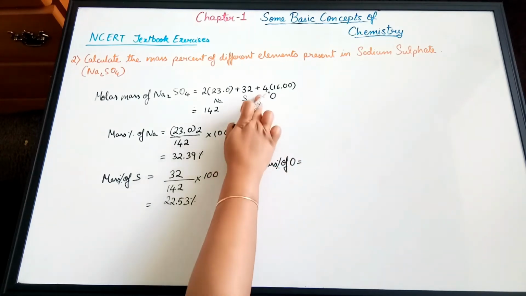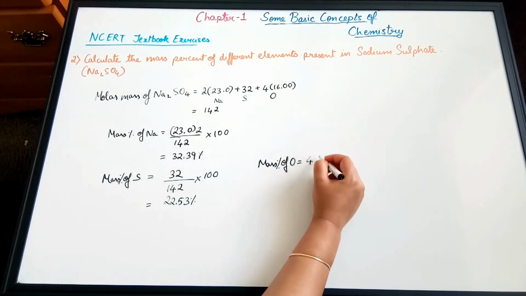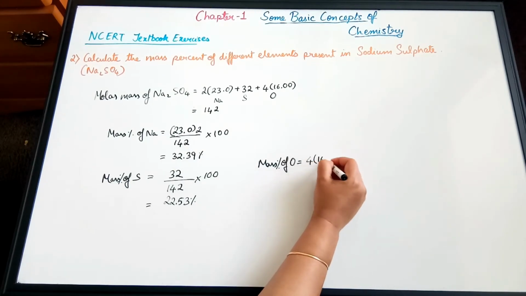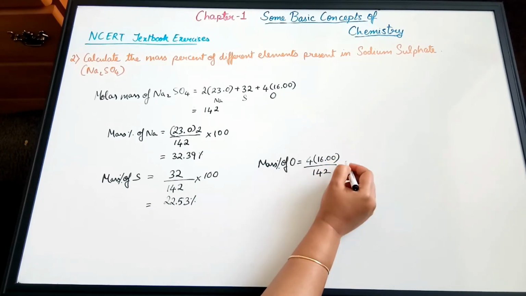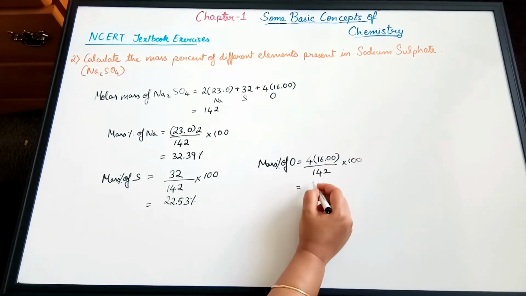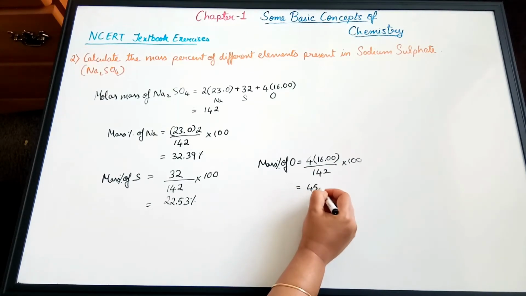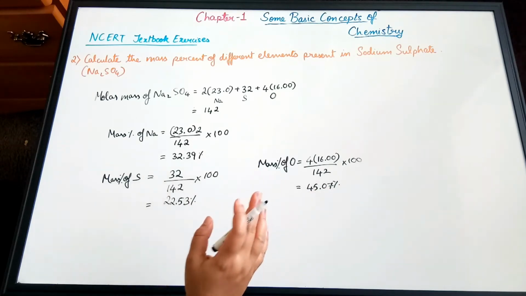Here there are 4 atoms of oxygen in one molecule of Na2SO4. So 4 into 16.00 divided by 142 into 100, and when this is simplified, we get 45.07%.